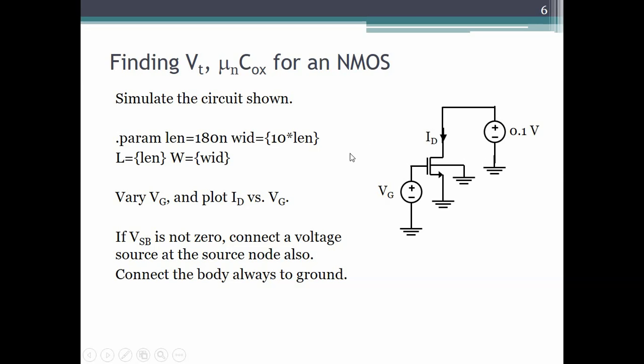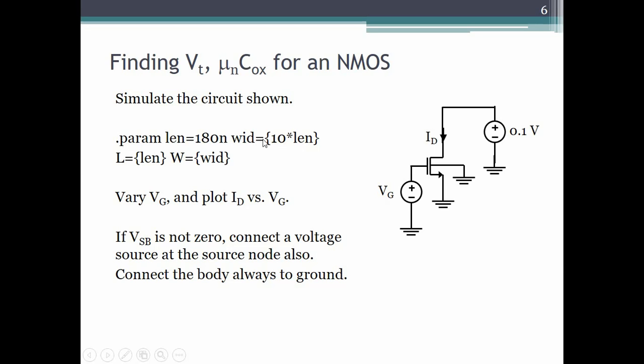Keep the width of the MOSFET equal to 10 times the length. Now I'm introducing one more SPICE statement called .param. The .param statement can be used to define variables which can be used in the rest of the SPICE file. Let's say I have defined a parameter called LEN equal to 180 nano and a WID equal to 10 times the LEN.